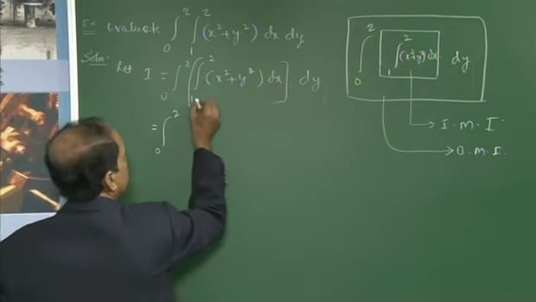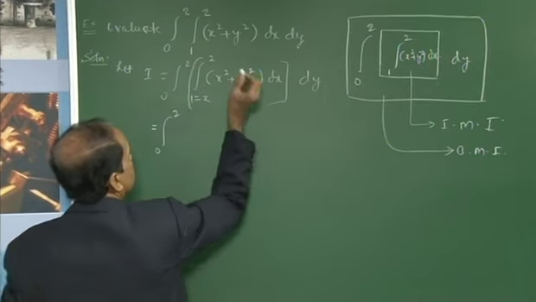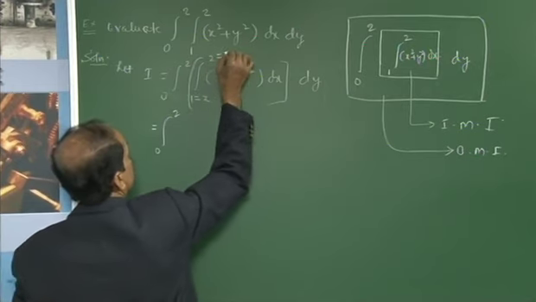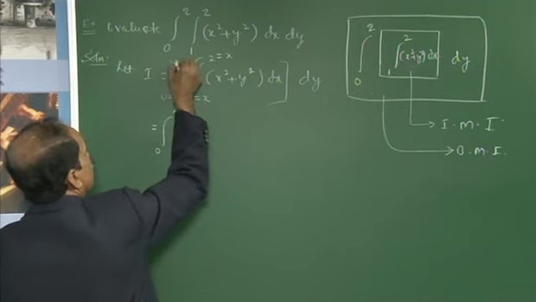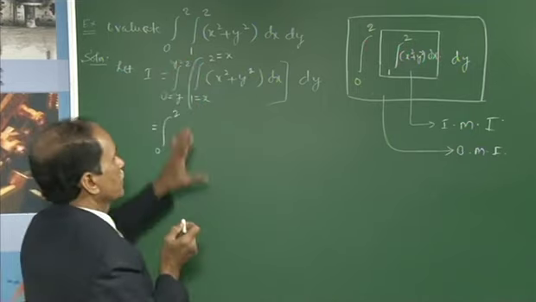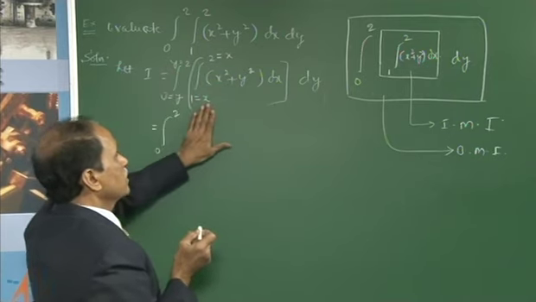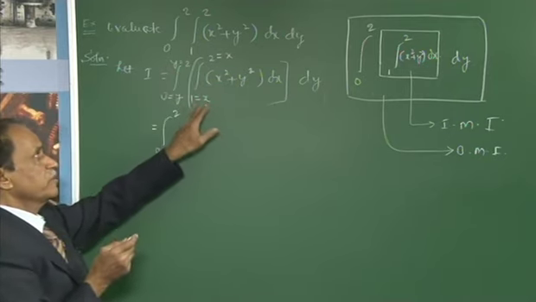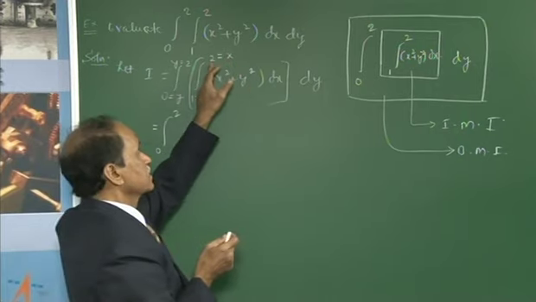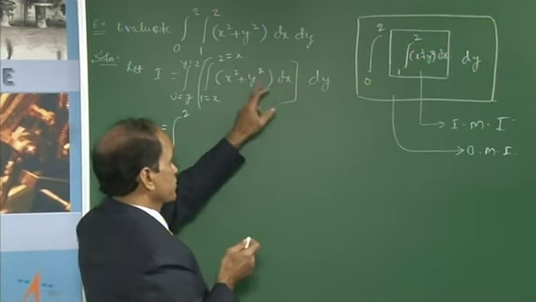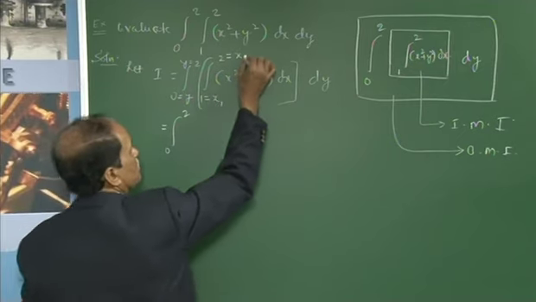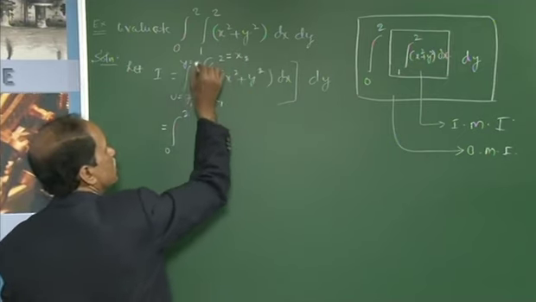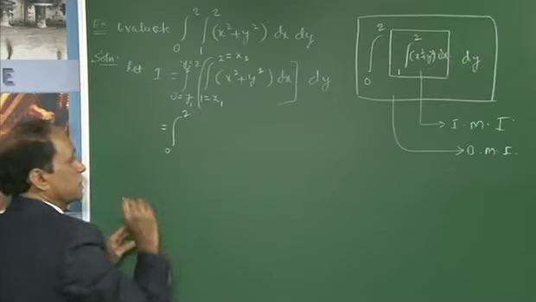That means the limits for x are lower limit 1 and upper limit 2, and for y, 0 and 2. You are integrating with respect to x. Another symbol can also be given, x1 x2 and y1 y2, like that also.